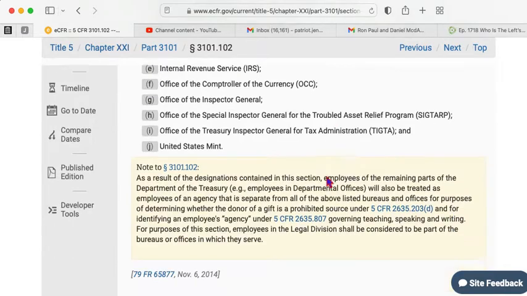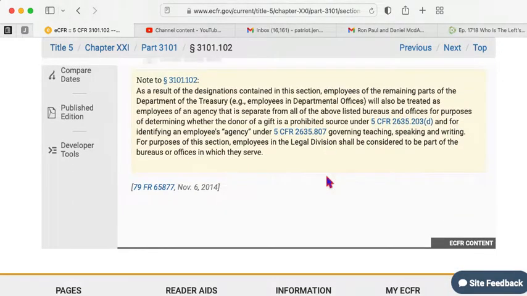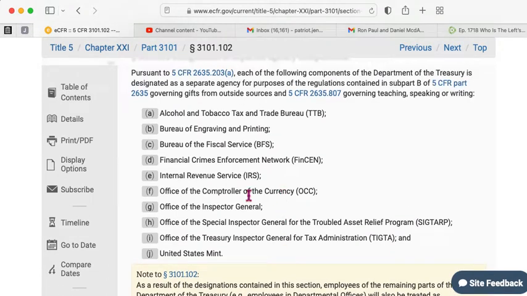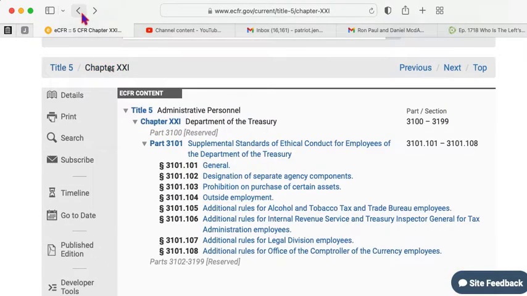This is E. That doesn't let me go to click and see what E says, but E, the Internal Revenue Service, applies to these people. Constitutionally applies to these people.